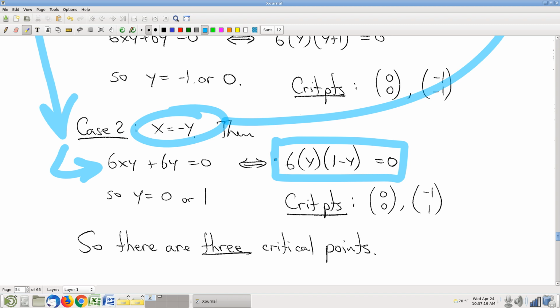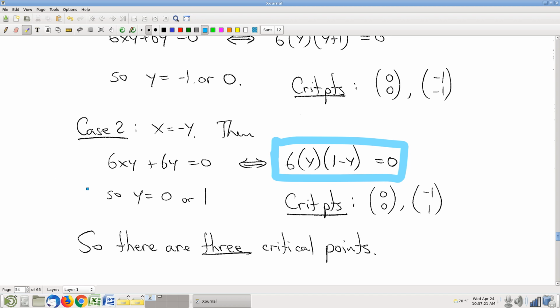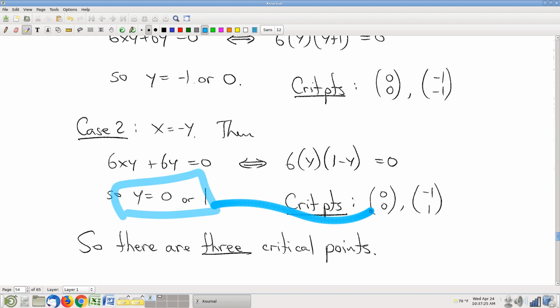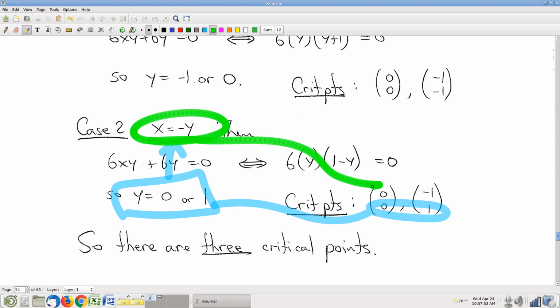You get different results and therefore different values for y, namely 0 or 1. And if y is 0 or 1, and if x is the negative of that, then notice that x becomes those values, and therefore you get these two critical points.